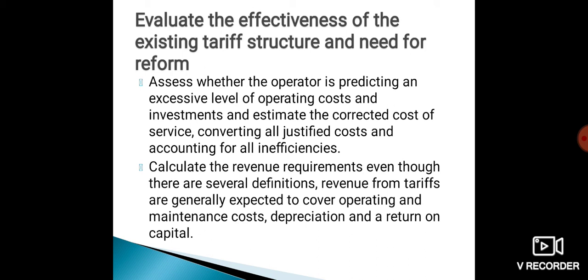All these things we have to first assess. This cost will be verified according to their investments and their service, and all this justified cost will be passed on to the consumer.